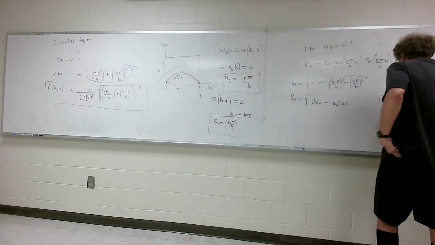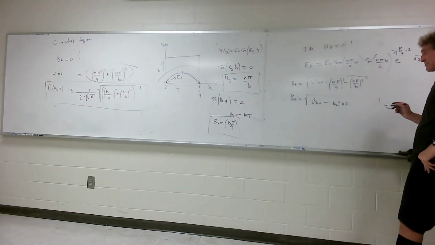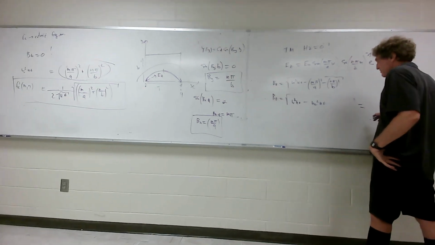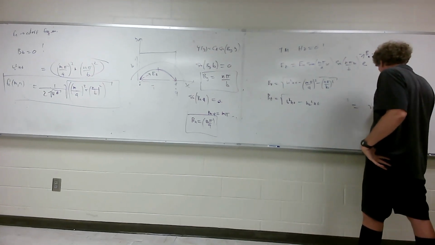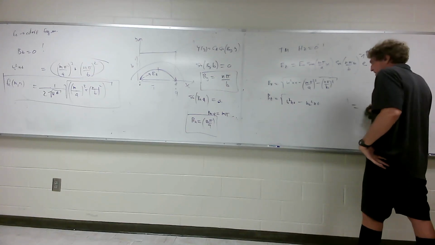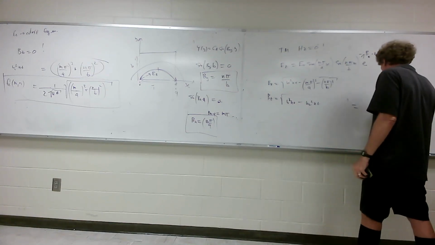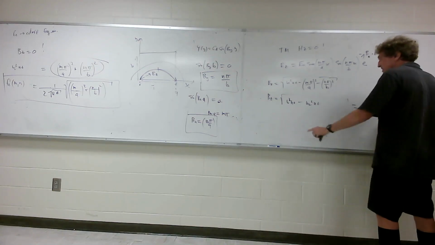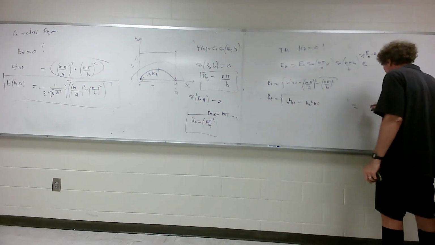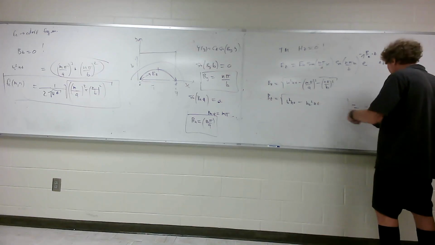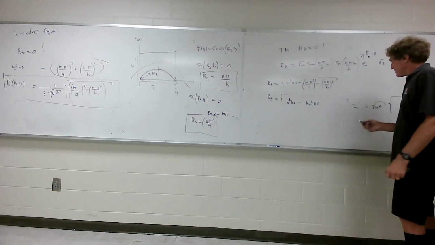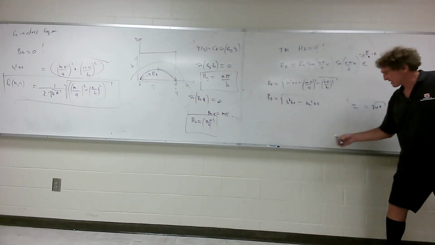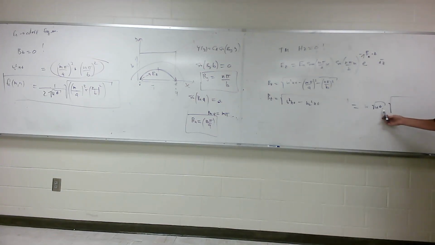Here's what you get. When all is said and done, you can pull the omega squared mu epsilon out in front, or take the square root of mu epsilon out in front, and then you can factor out omega. Now listen, when you do that, you're left with, do you all follow me? I'm factoring out omega squared mu epsilon. When that comes out in front, it becomes this. Because it's squared.